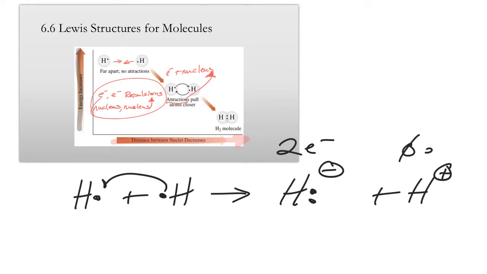This is a frowny face. And if the electron had gone to the right and done the same thing, you'd have H plus H minus, like that.